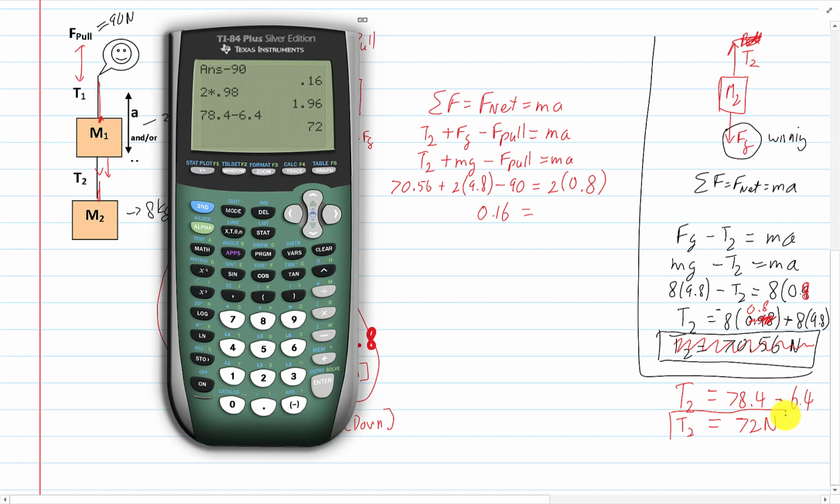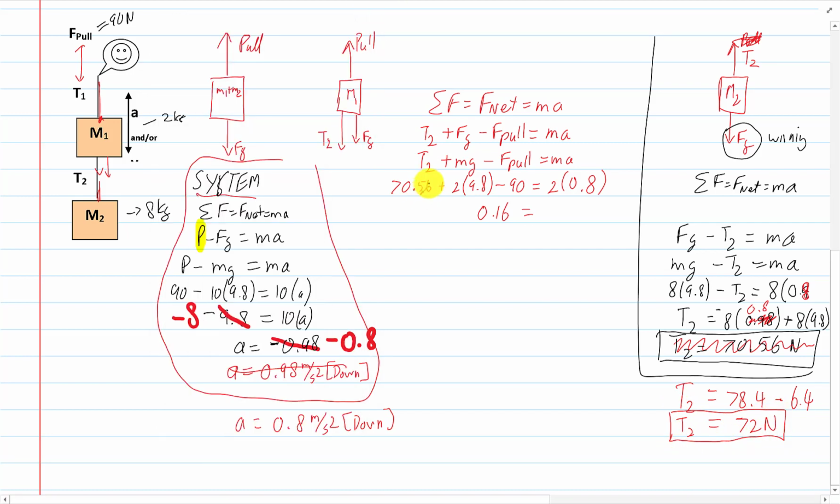That makes much more sense in my brain. So we do 72 plus 19.6.